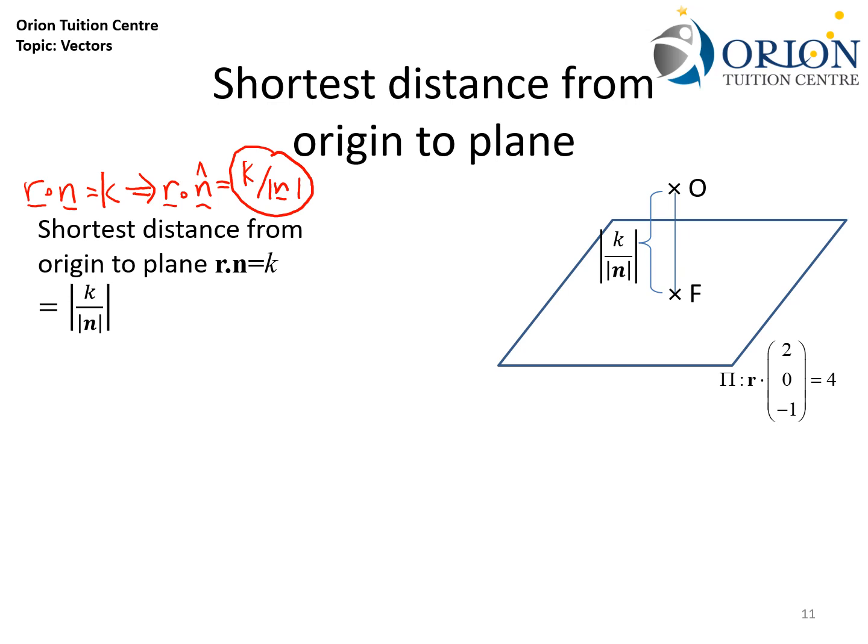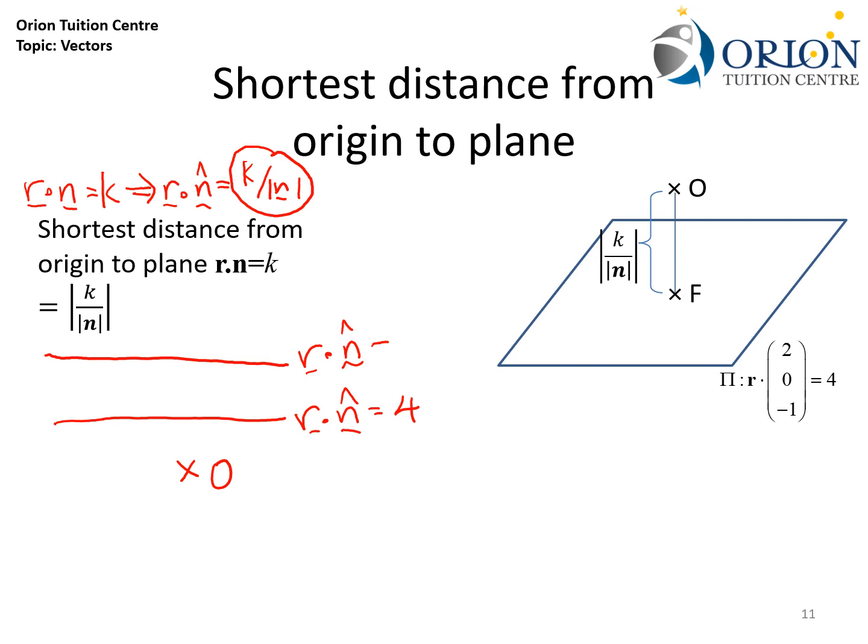One thing to note is the sign of this term. If you have two planes with different k values but the same sign, this means that they lie on the same side of the origin. So I might have this case of an O here, r dot n cap equals 4 here. I might have another plane that is further away from this first plane, where r dot n cap must be equal to a value larger than 4, so probably 7.